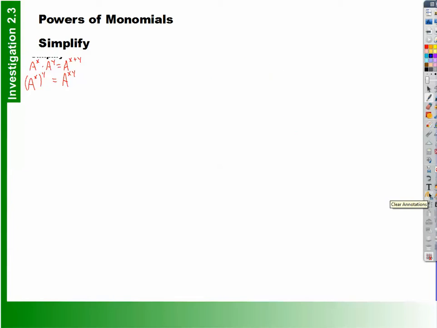So let's try another one. So this time, we'll say a d to the 6th, and let's take this to the 8th power. Now I'm going to expand this one again, just like we have in all the others, and then we'll show how the rule gets applied so you don't have to expand all of them from here on out.